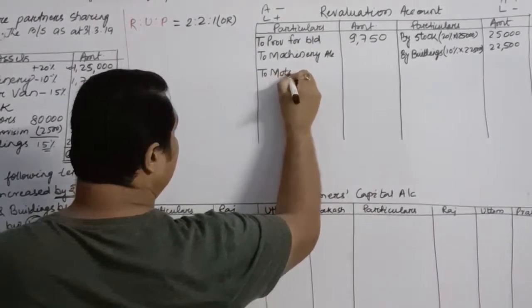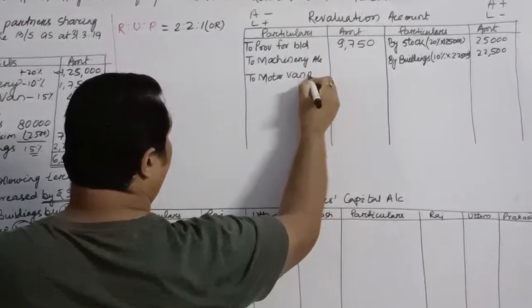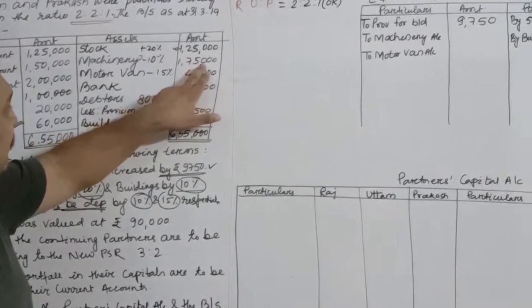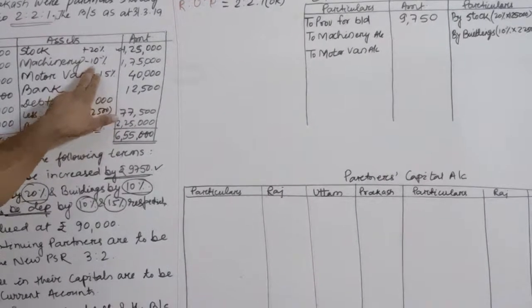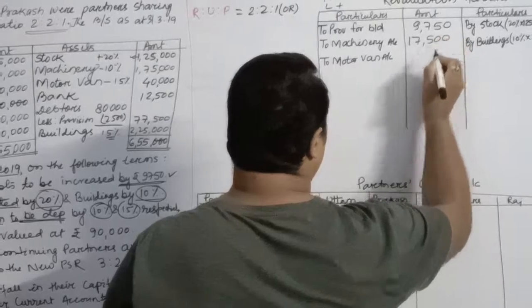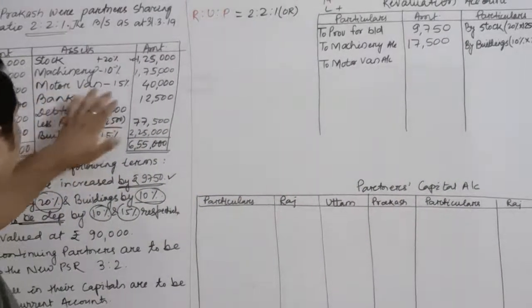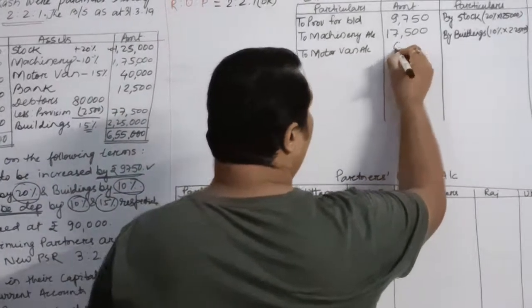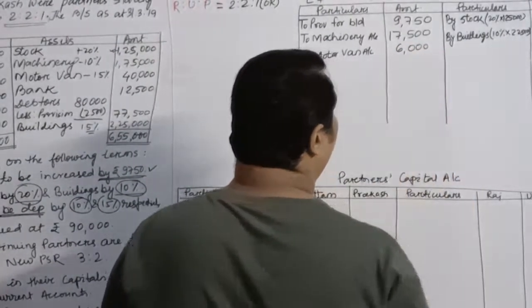Both these assets have to be reduced. Machinery account is 1,75,000. 10% of that will be rupees 17,500. Motor van is of rupees 40,000. 15% of that will be rupees 6,000.